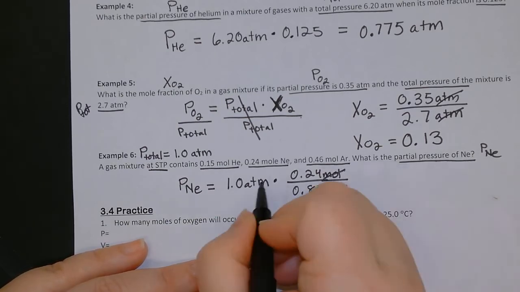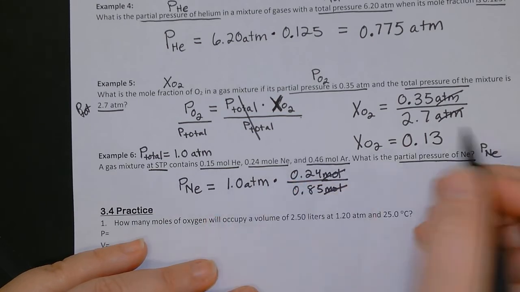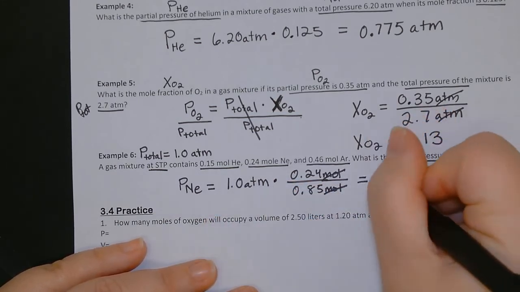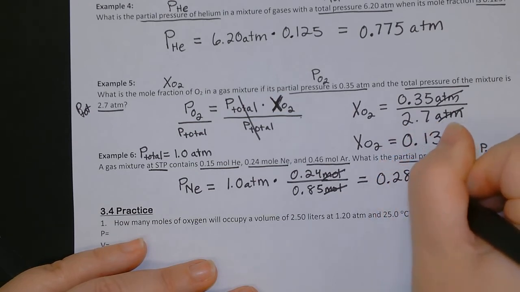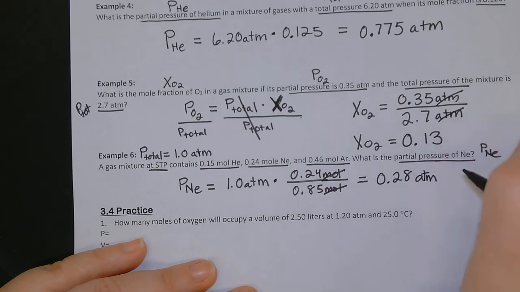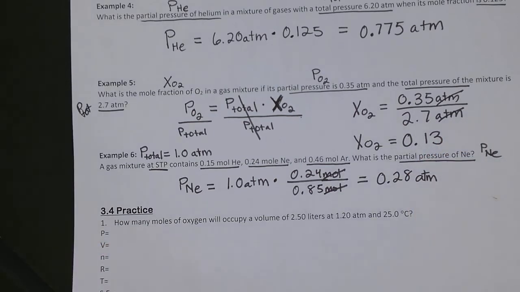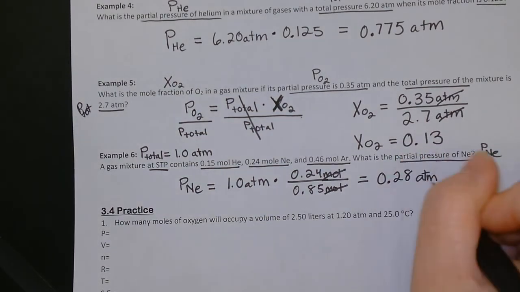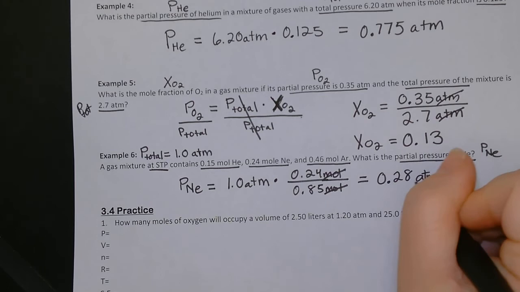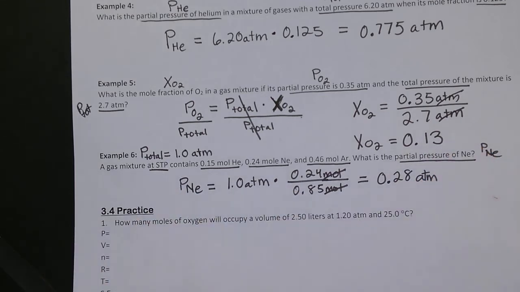Those units will cancel, and we're left with atmospheres, which is good because we want pressure. So if we calculate this, we have 0.28 atmospheres, ATM, of pressure. All right, so about 28% of the pressure, or excuse me, 0.28 atmospheres of pressure comes from the neon.